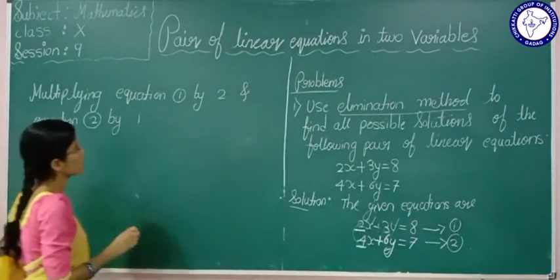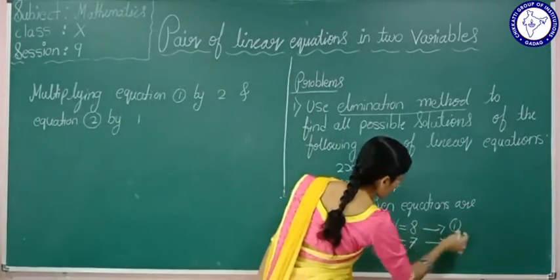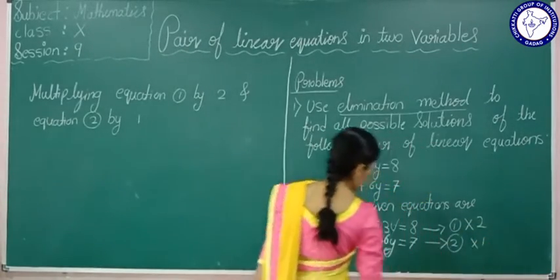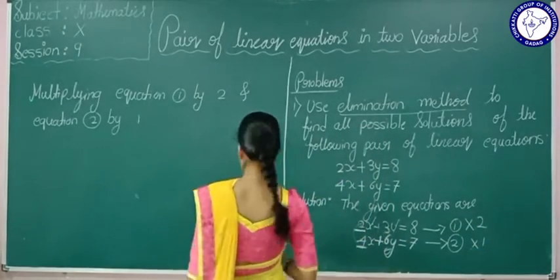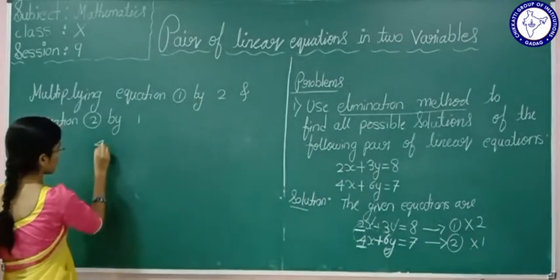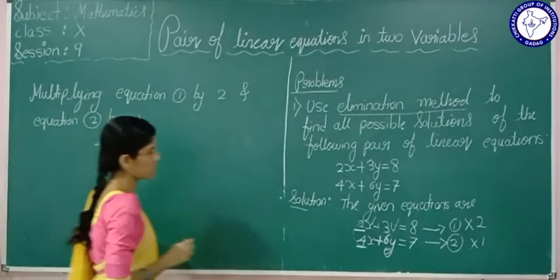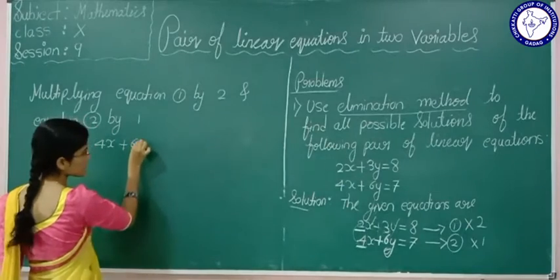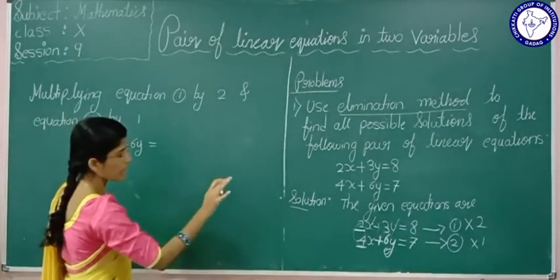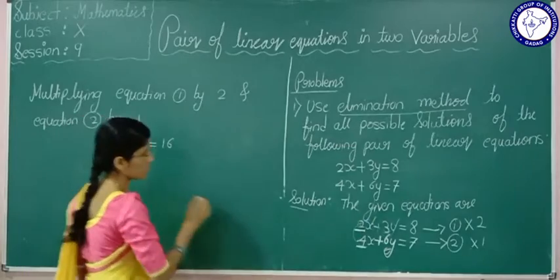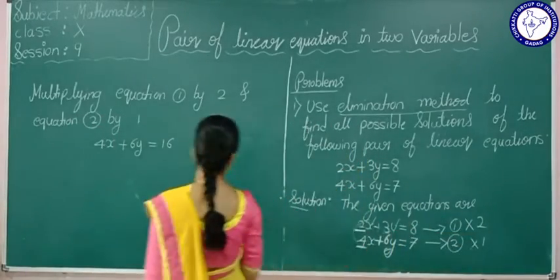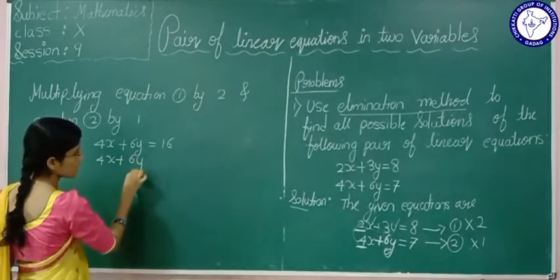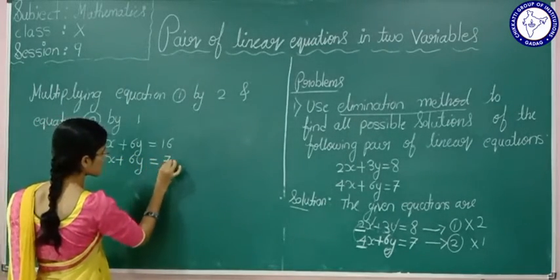See students, now if I multiply equation 1 by 2 and equation 2 by 1, 2 2s are 4, 4x plus 3 2s are 6, 6y is equal to 8 2s are 16. 4 1s are 4, it is nothing but 4x plus 6y is equal to 7.